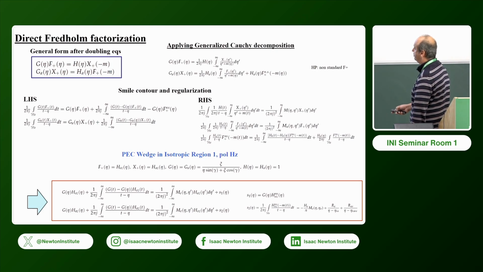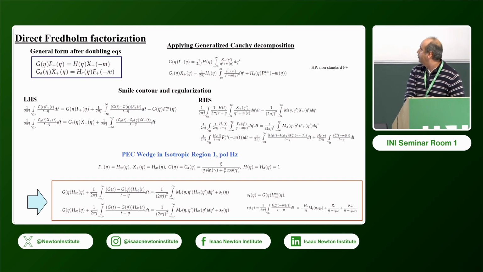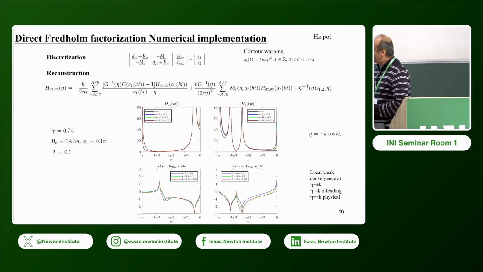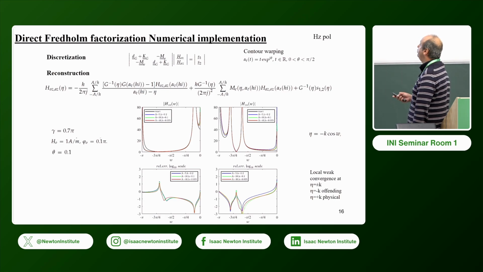You see that there is a compact kernel here, some sources due to non-standard terms, and this ME is the operator shown before that we need to compute with high accuracy. So let's go to the discretization of our problem. We use just sample and hold, few samples, truncation of the interval.